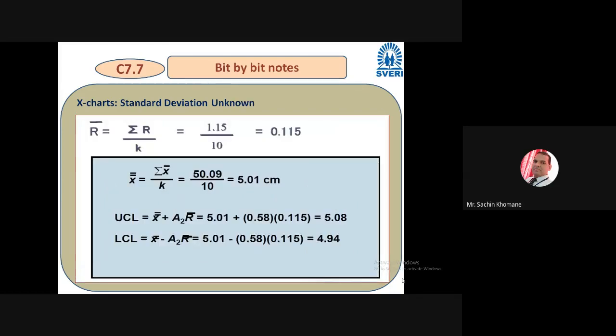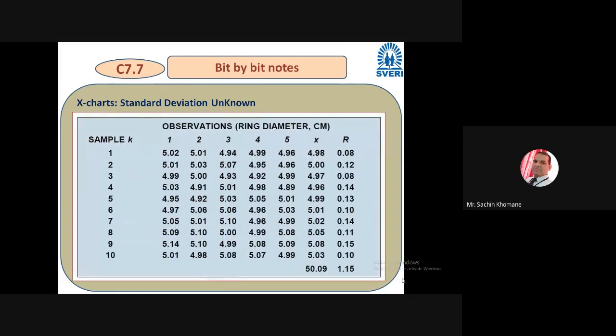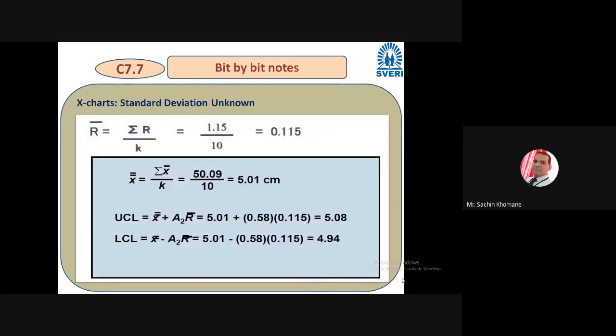Now, how to calculate R bar? The summation of R, which you have already done, is 1.15, and the readings which we have mentioned are 10. So R bar is 0.115.